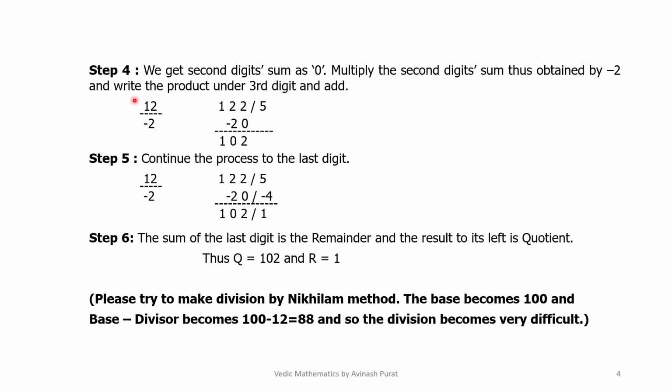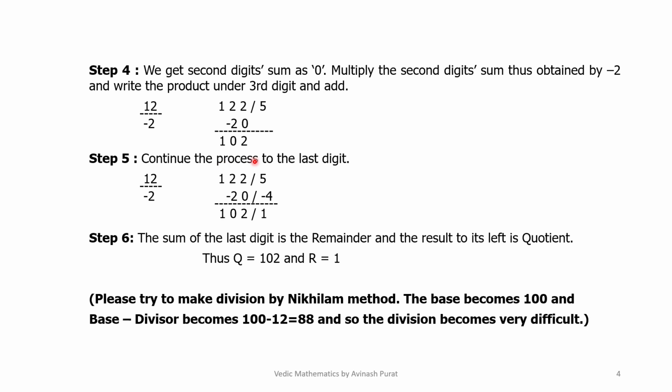Step 4. We get the second digit sum as 0. Multiply the second digit sum thus obtained by minus 2 and write the product under the third digit and add. So 0 multiplied by minus 2 is 0, so 2 plus 0 is 2.